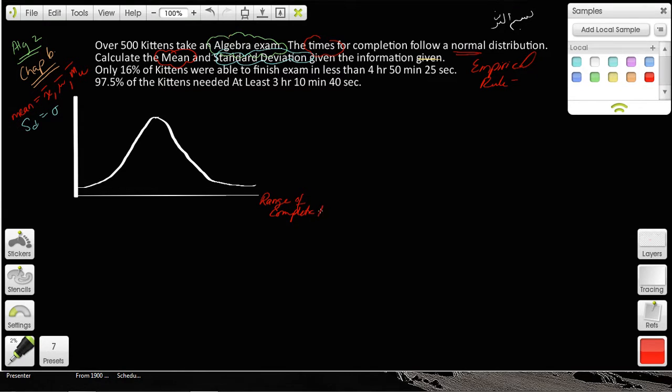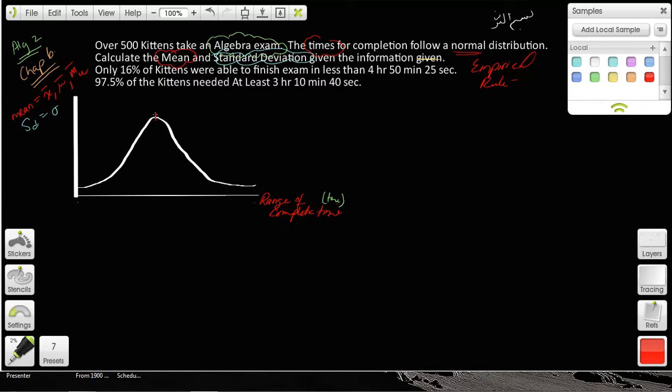The shortest time it takes for a kitten will be over here. These will be the bright kittens, super smart Einstein kittens. And over here is the longest time it takes for the kittens. So this axis is time. And smack in the middle is going to be the average time it takes.